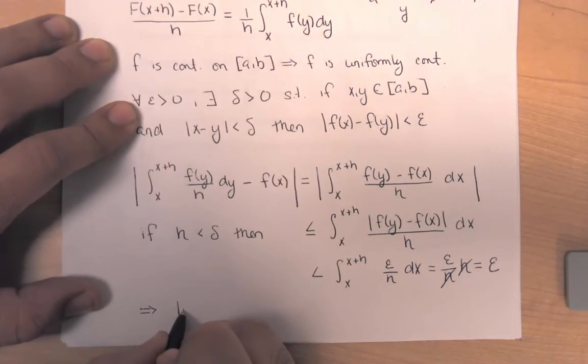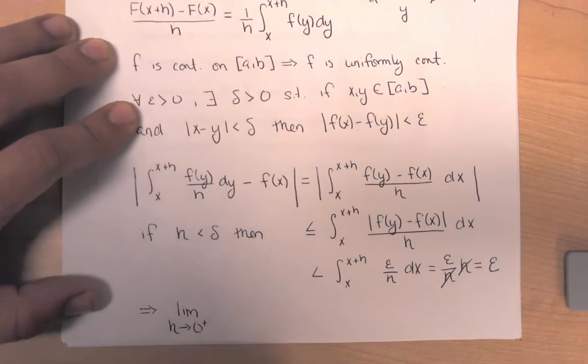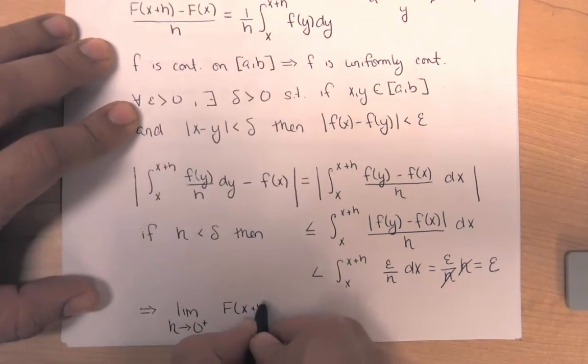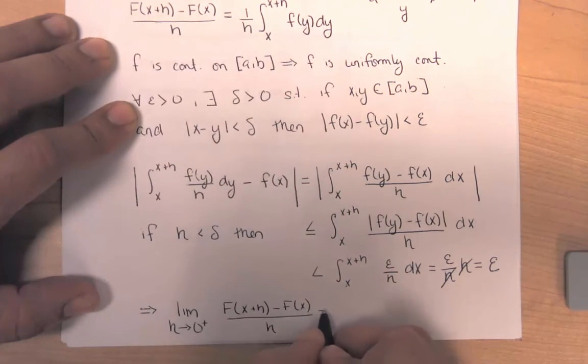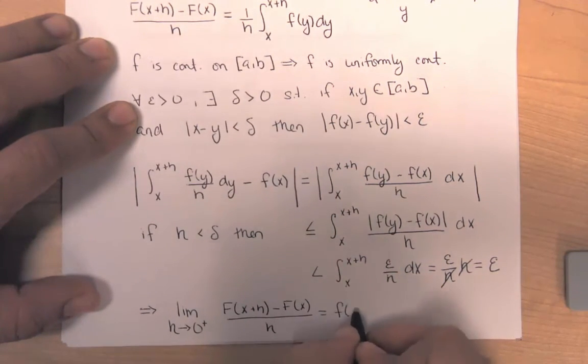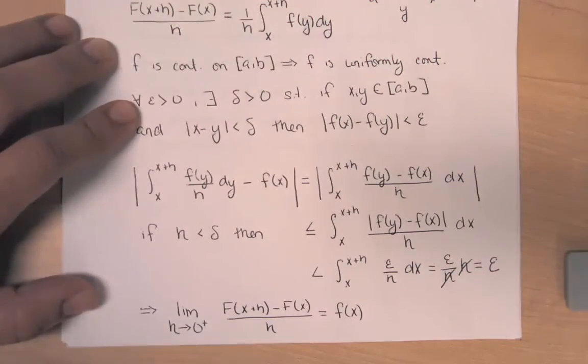So that implies that the limit from the right of big F of x plus h minus big F of x over h equals f of x, little f of x.